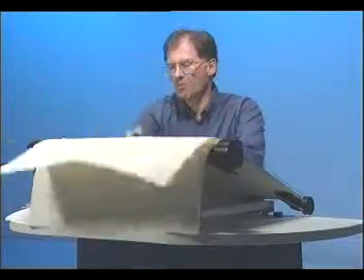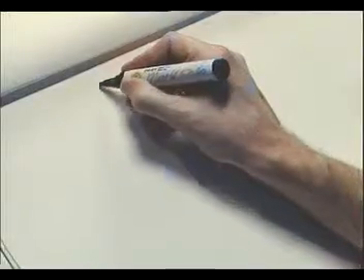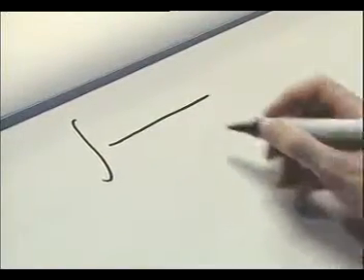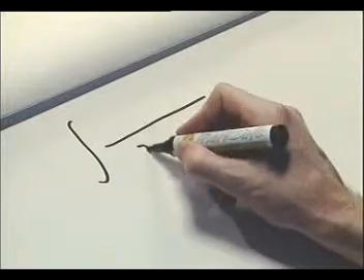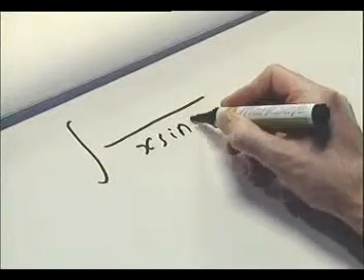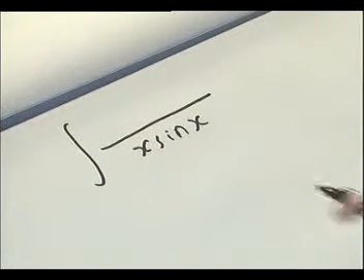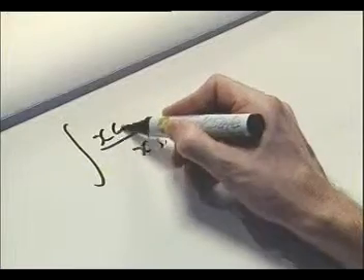Let's take one more example, a little bit contrived, but it does show you how you need to work and look to see if what you've got on the numerator is in fact the derivative of the denominator.